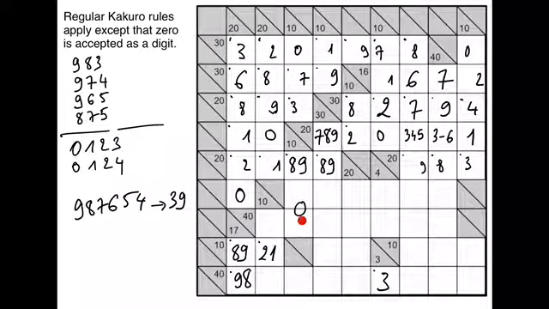So there can't be a 0 in here. So this 0 has to be here. And this is 2 or 1.